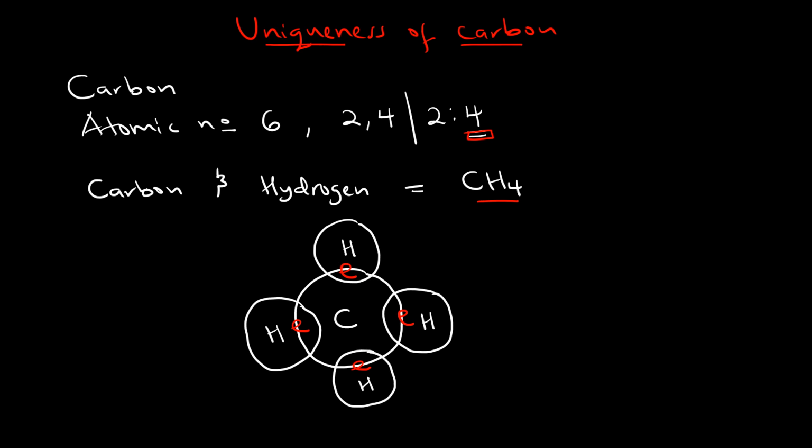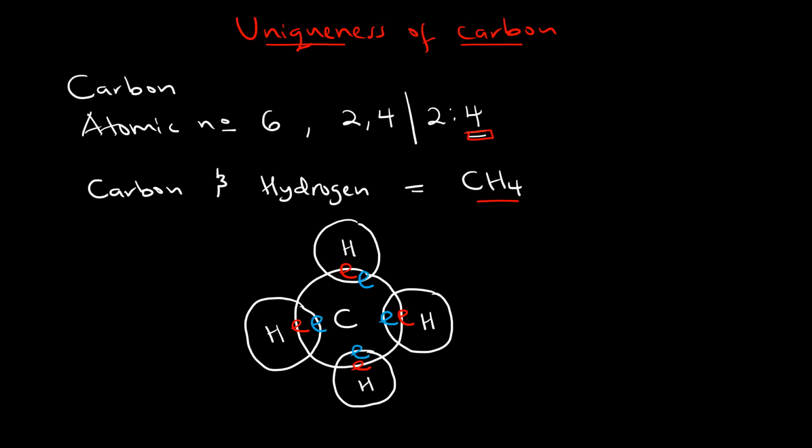So remember, hydrogen is the first element in the periodic table, and each atom of hydrogen has 1 electron in the outermost energy level, and I represent it with the blue electrons.